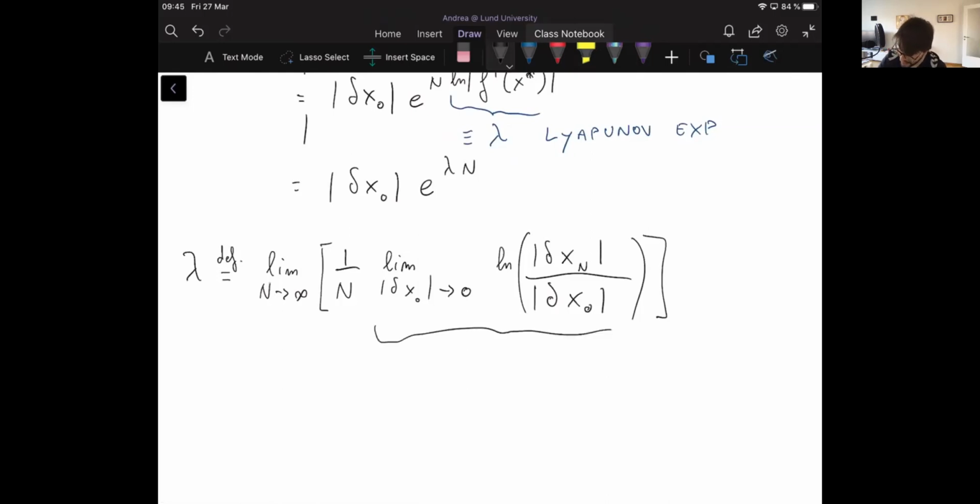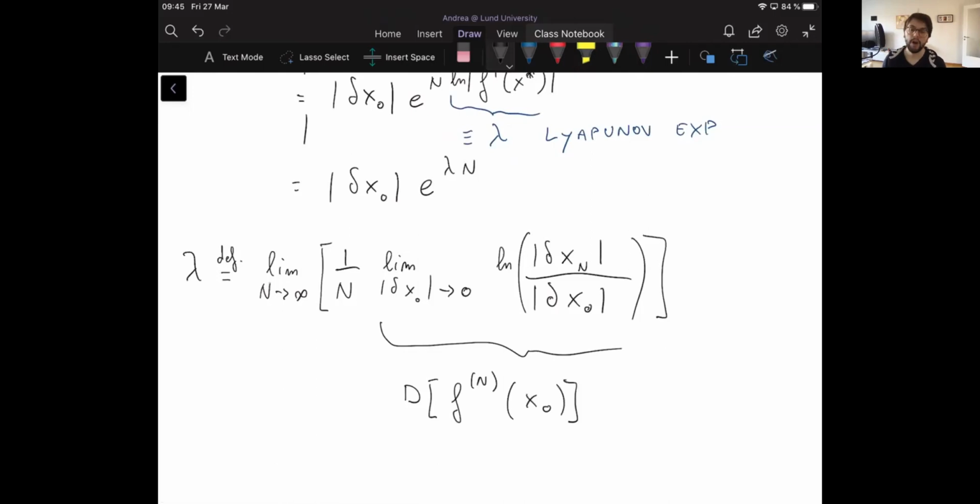Okay, so this is the definition of the Lyapunov exponent. And if you take this limit in the analytical sense, you can also see that this corresponds to the derivative of the nth map of x0. So that corresponds to the derivative of the first vector map in xn.